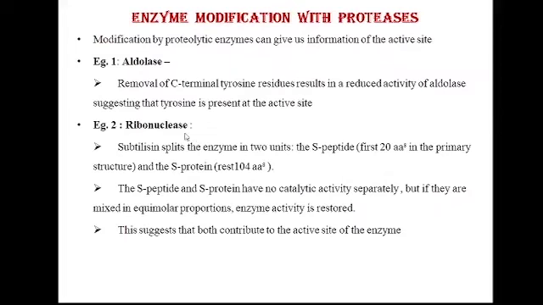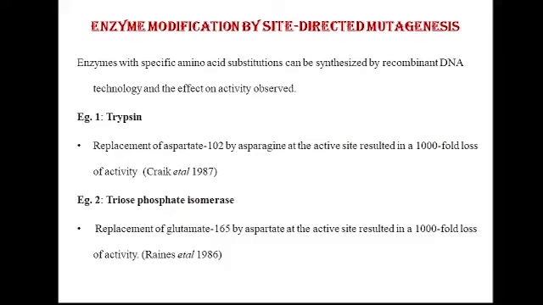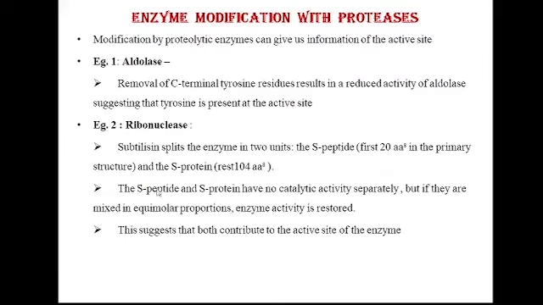The second example is ribonuclease. To hydrolyze ribonuclease, the enzyme subtilisin was used. Subtilisin is a protease which is produced by the microorganism Bacillus subtilis.